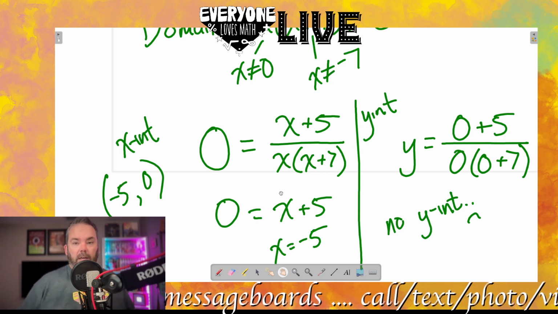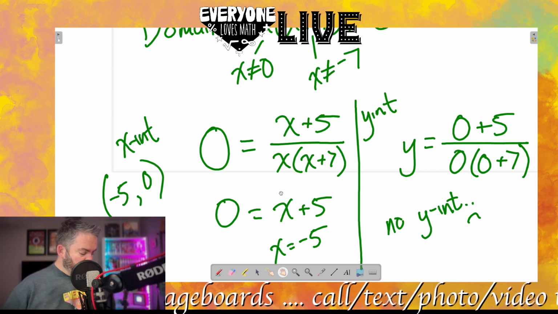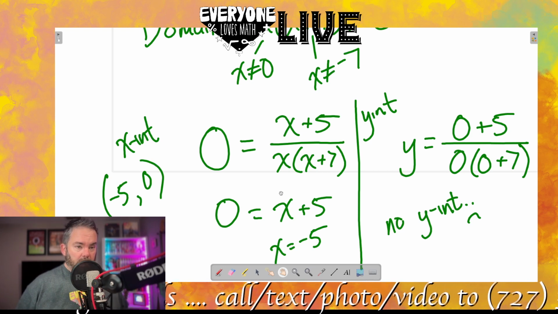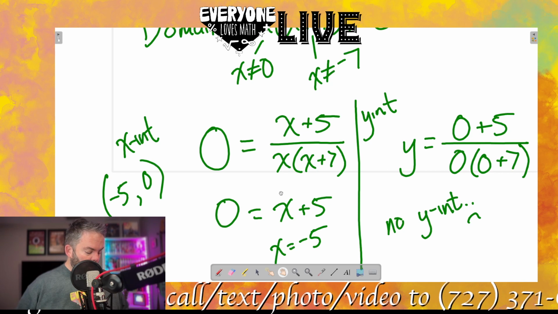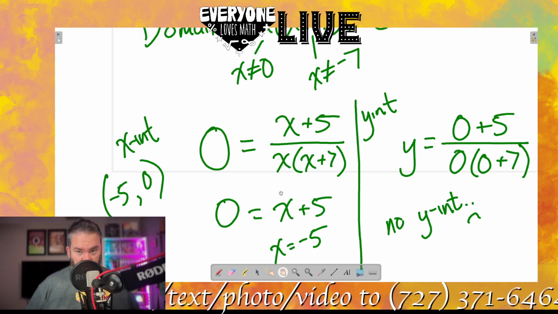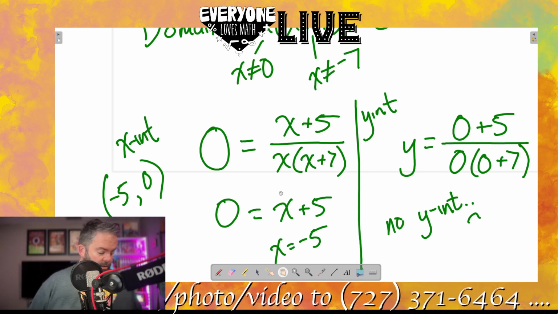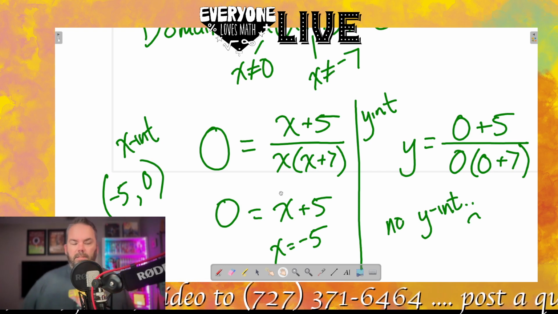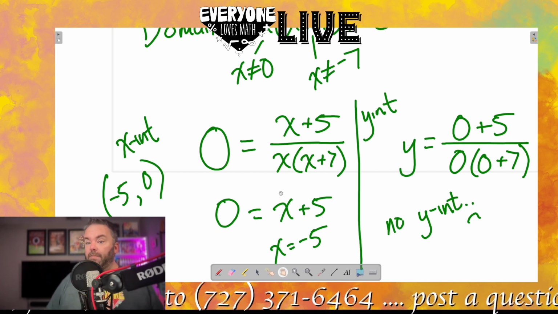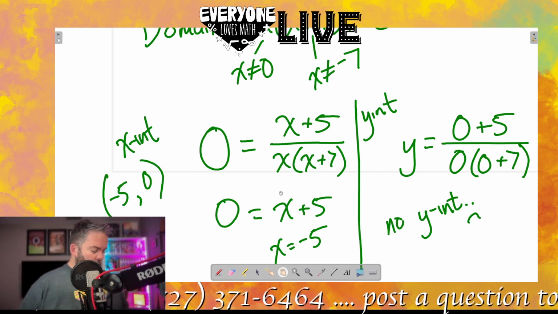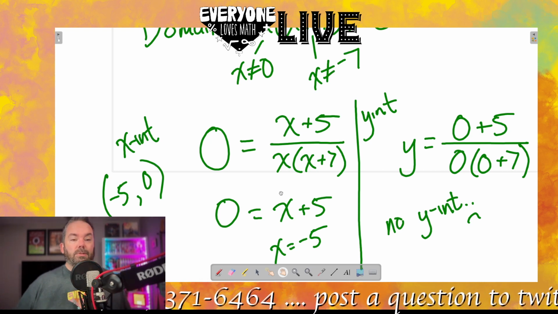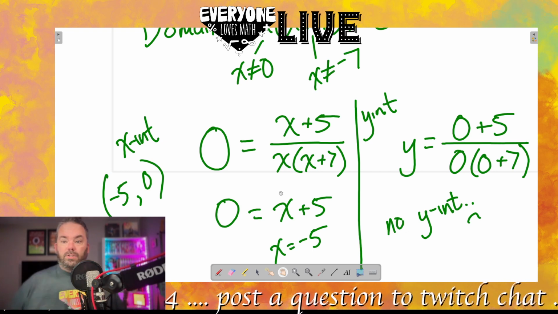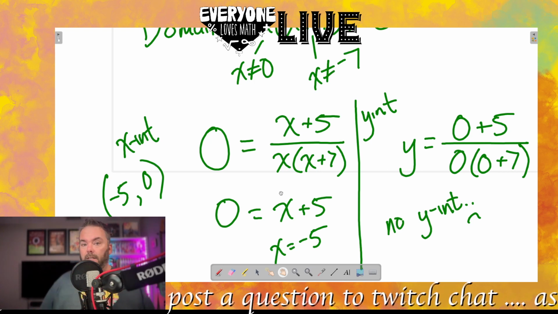I think they just want you to type in the lazy x-intercept. So instead of typing in -5, 0, why don't you just type in -5? The official thing to say is the x-intercept is the point -5, 0. But I know you can also say the x-intercept is -5. So let's just type in -5 and then we'll be good.